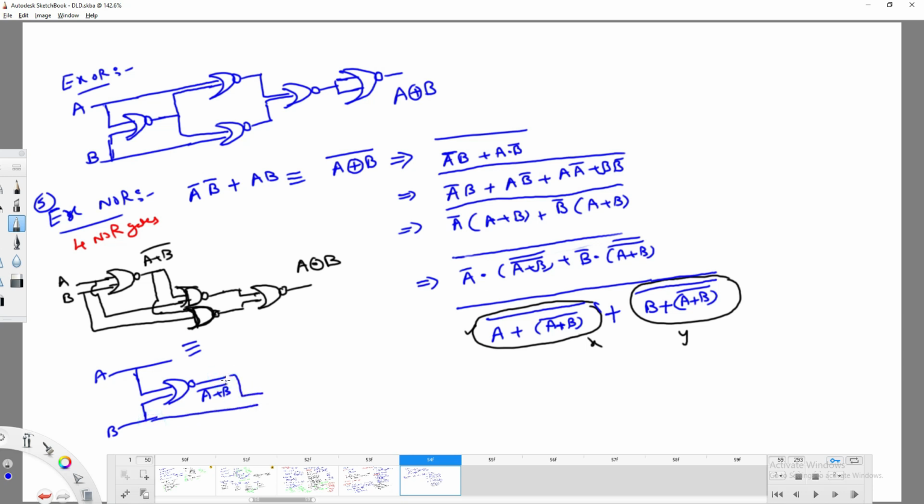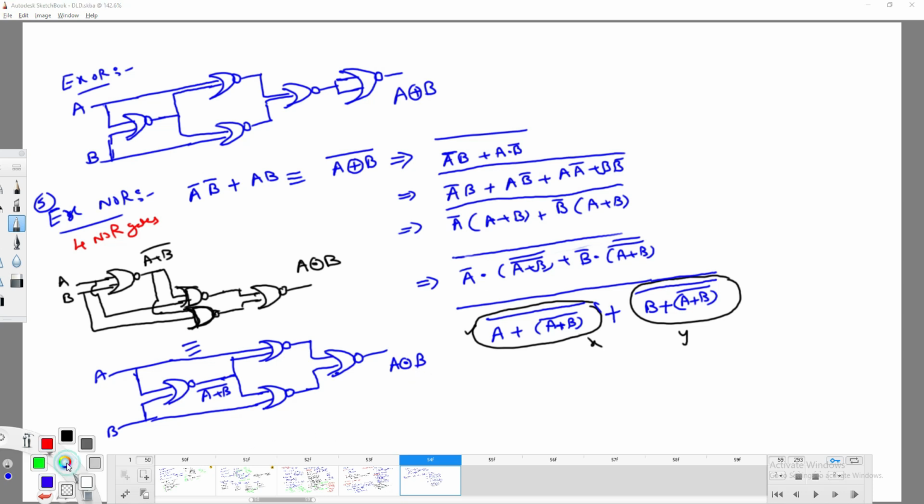This input I am giving as one expression: b plus a plus b whole bar you got. Now the same input I am giving for one more thing, that is a plus b bar whole bar. So this is also a XOR b. I hope you understood clearly, right?